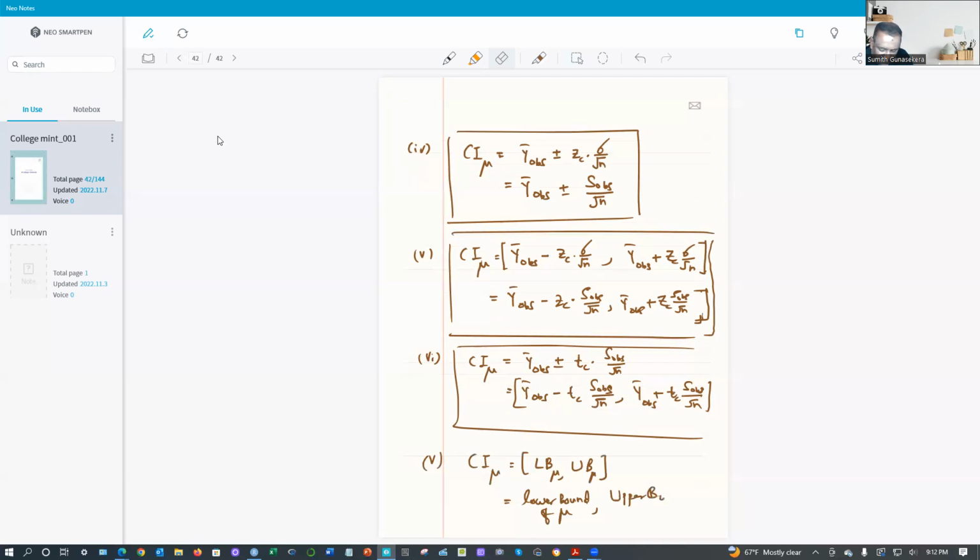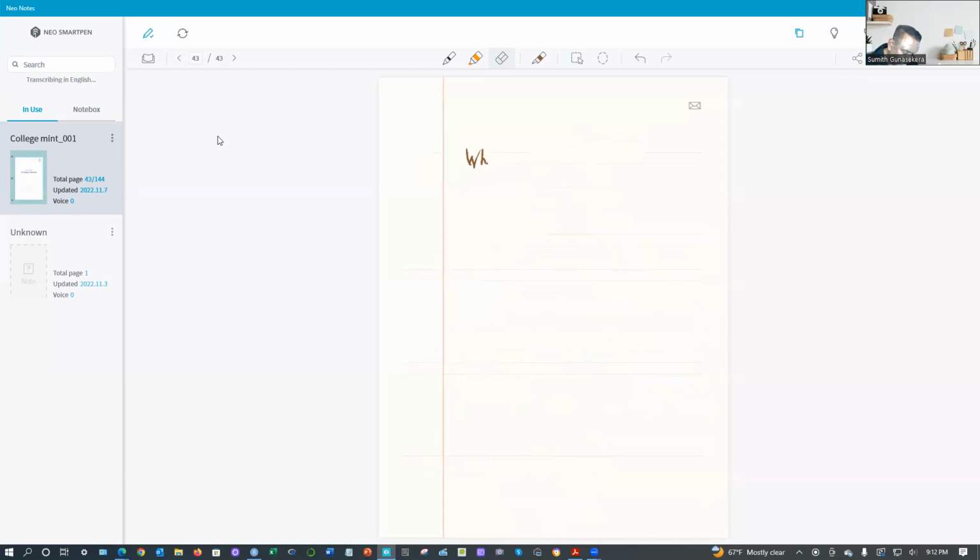This is another way of writing. The lower bound of mu is nothing but y bar minus margin of error.